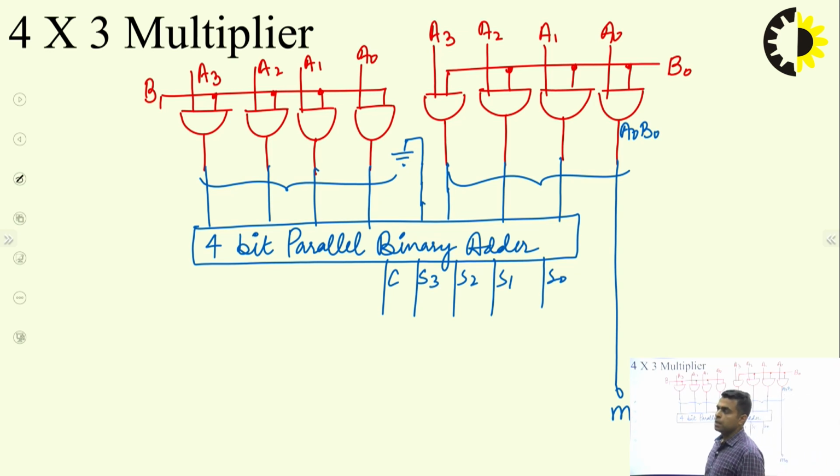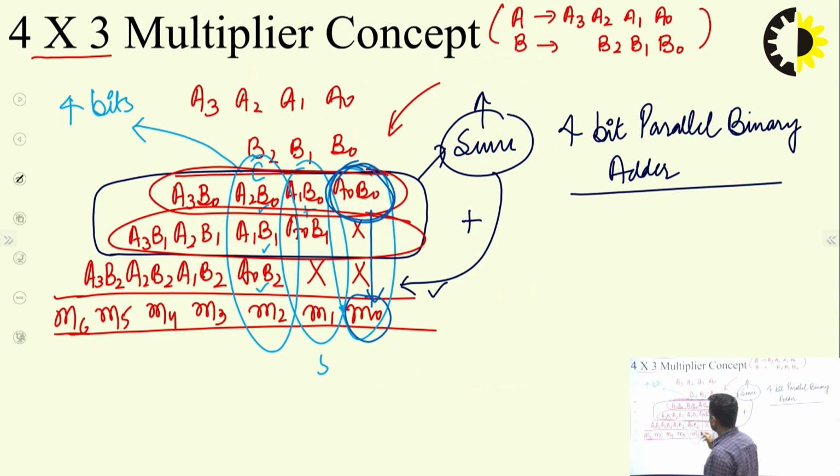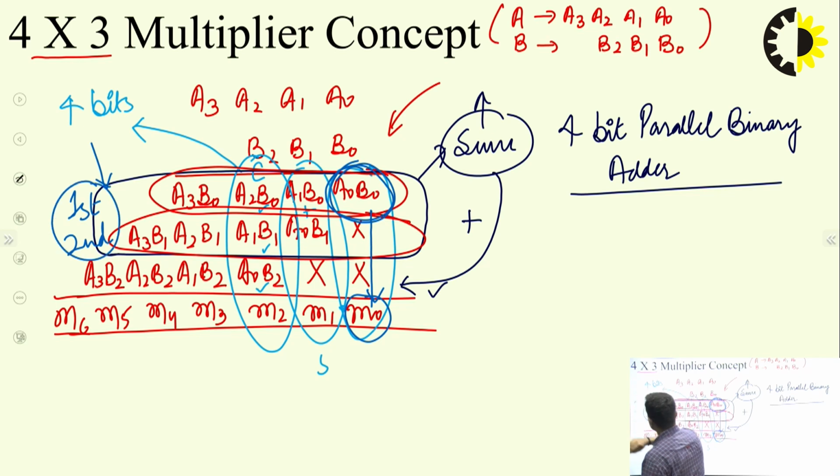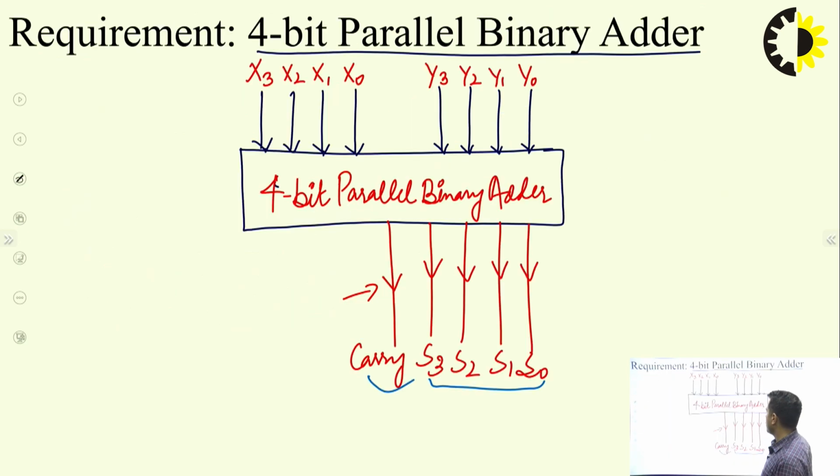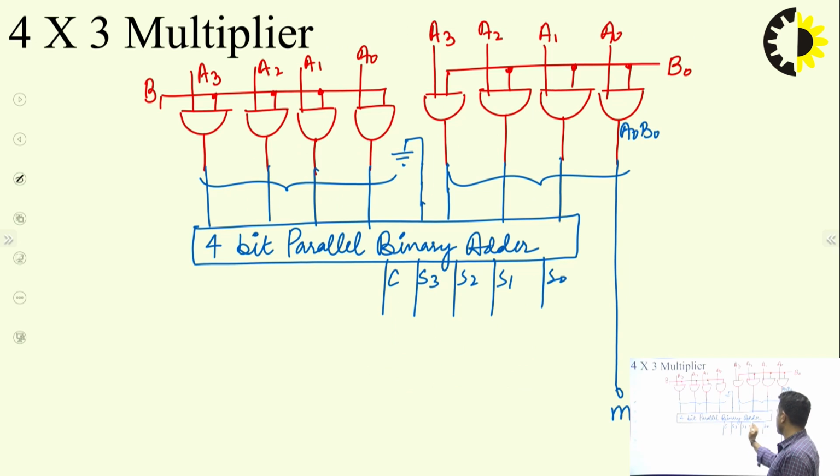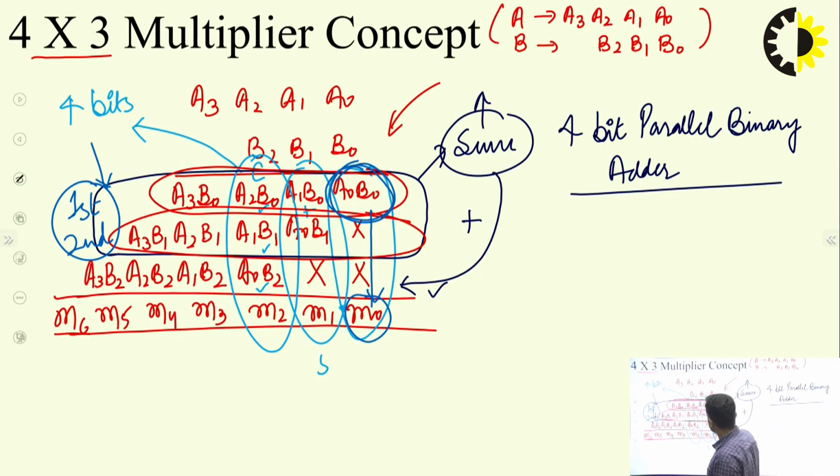That means it is the sum of the first 2 rows, the first row and the second row. The sum of these 2 rows is available to me at the output of this 4-bit parallel binary adder. M0 is already taken out, and as with A0 B1, we can check here that A1 B0 is already computed using the adder, and nothing is to be added to A1 B0 and A0 B1.